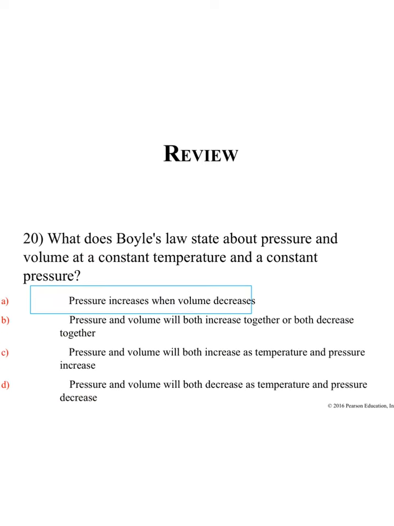So what does Boyle's law state about pressure and volume? As long as you're not changing the temperature or the pressure, they have an inverse relationship. When the volume of our lungs decreases, as in exhalation, that increases the pressure. And that, of course, is why the gases flow out of our lungs.